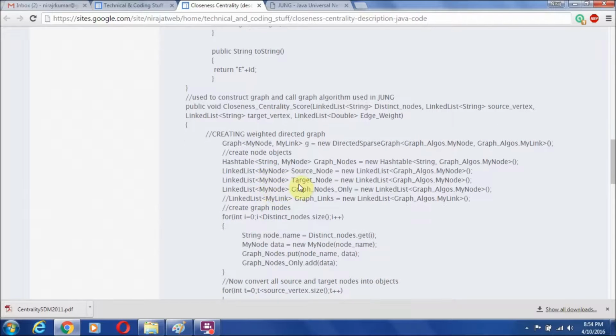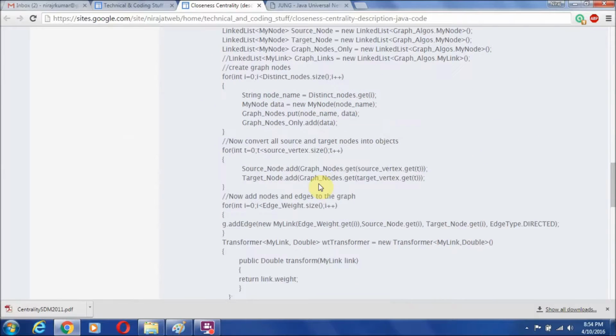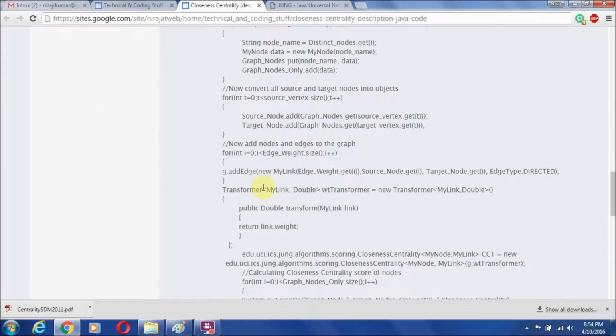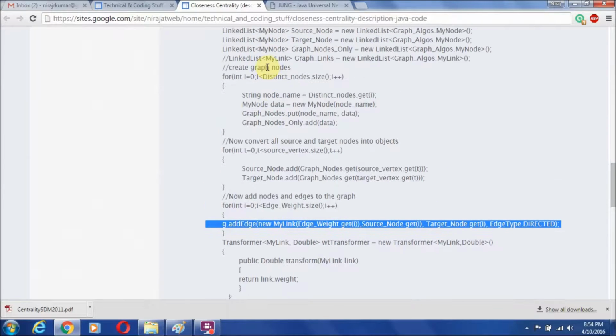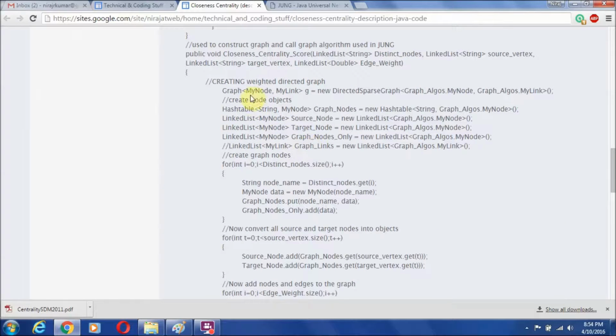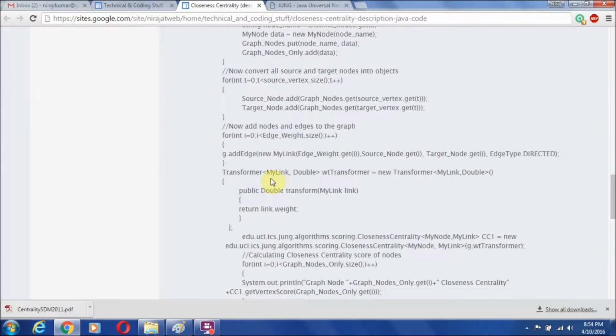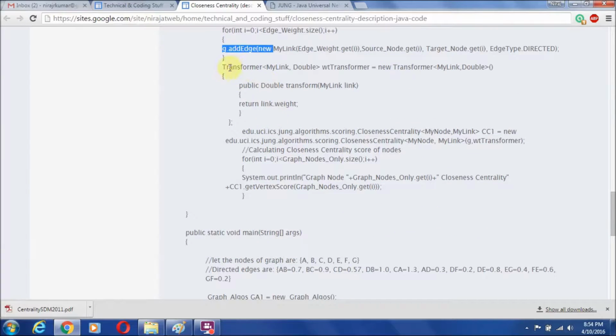Now to create the graph, we will use this function. First we initialize the graph, then initialize the edges, and then add all edges to the graph, then apply a transformer.